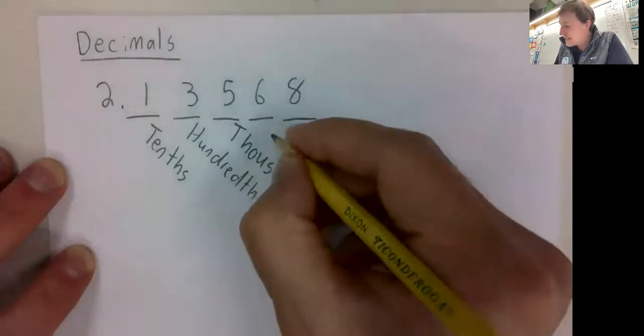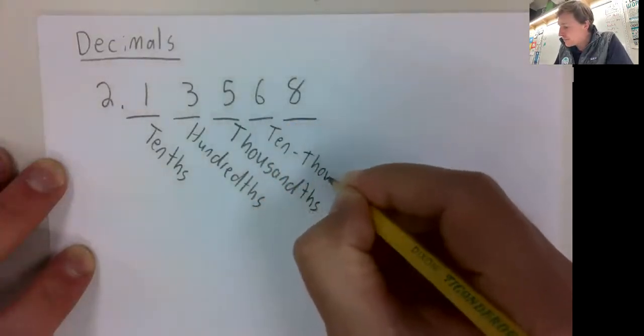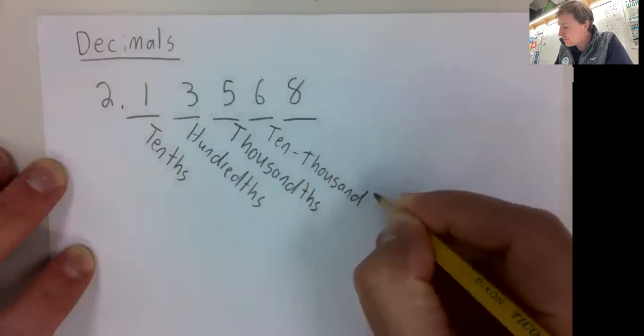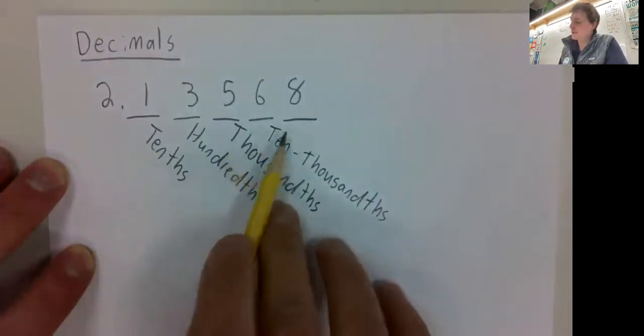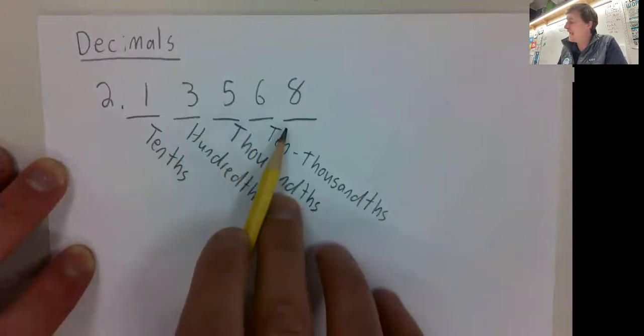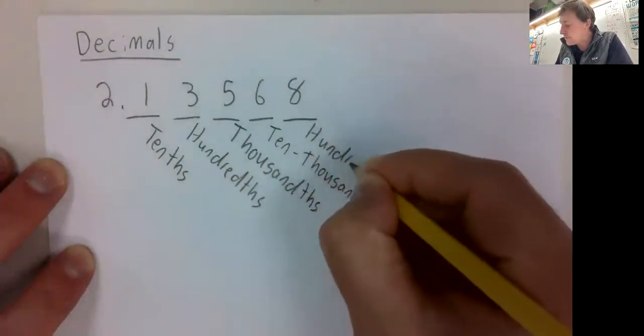The 6 is in the 10,000ths place. Sorry, did I say 6? And then 6 is in the 10,000ths. 8 now is in the 100,000ths place.